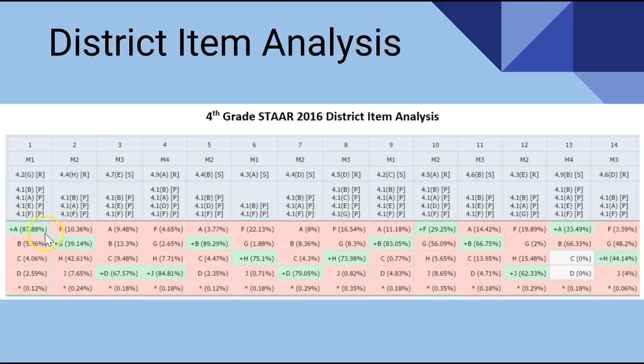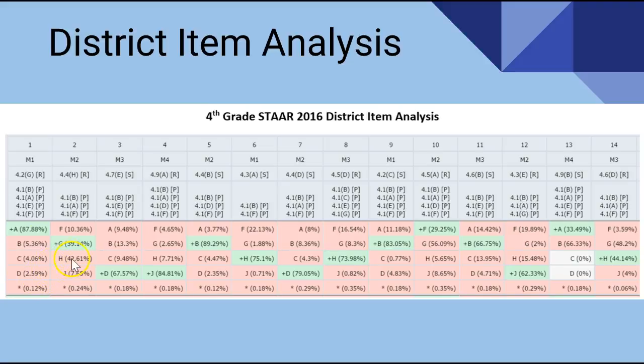Then you notice the first green box, that's the correct answer. So whenever you see the green, that A was the correct answer. Then you'll see the percentages of how the kids did on B, C, and D. Obviously, this one is a very good scoring item because the wrong answer choices are very close.